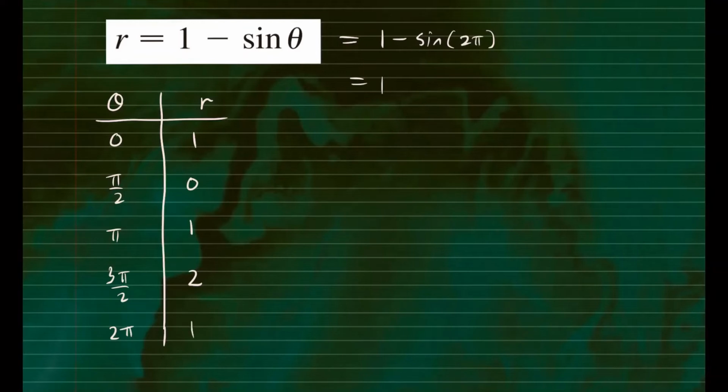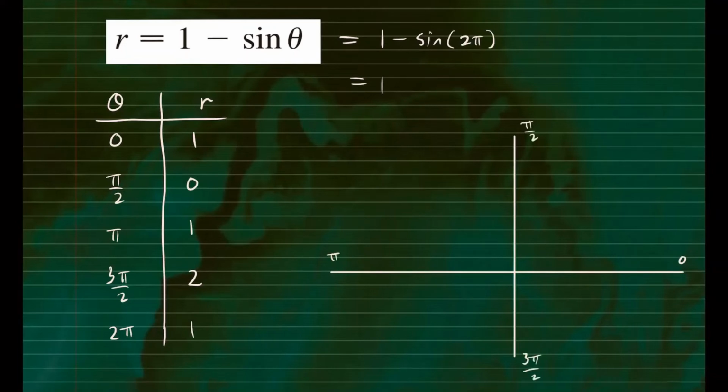All right, so I think we have enough points to come up with this sketch. So here's our Cartesian plane. Let's draw them. So here's 0, pi over 2, pi, 3 pi over 2, back to 2 pi. When theta is 0, our radius is 1. So let's suppose this is 1.